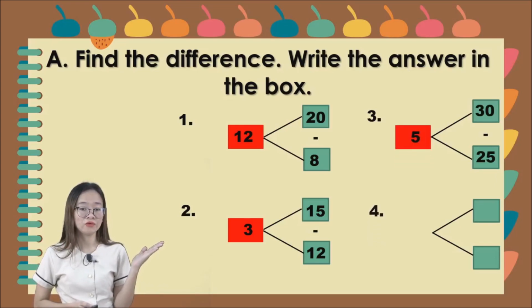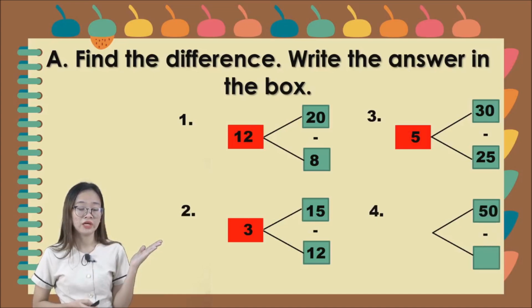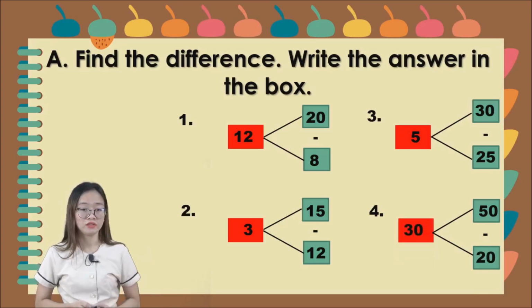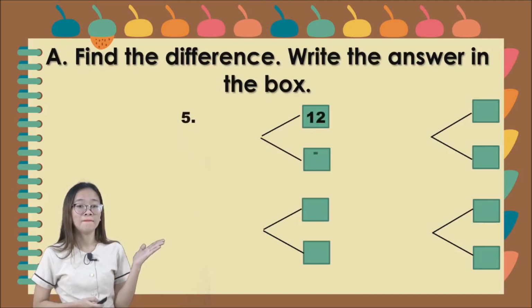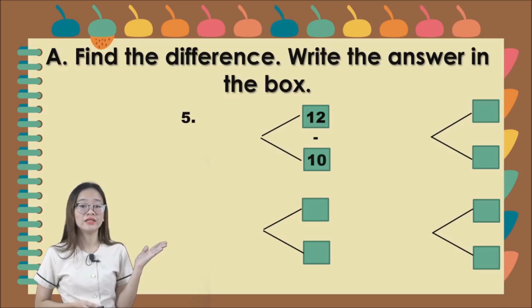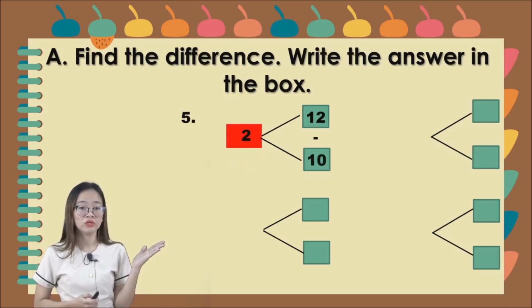Number 4, we have 50 minus 20. So the answer is 30. Okay, another set of numbers. We have number 5. So 12 minus 10 is equal to 2. Okay, next, number 6.